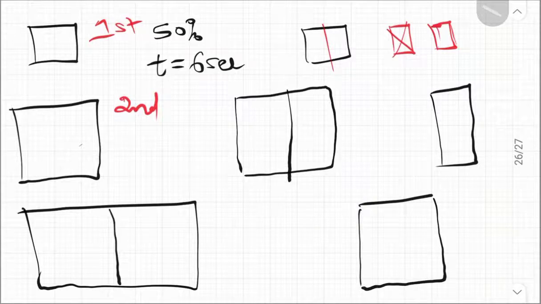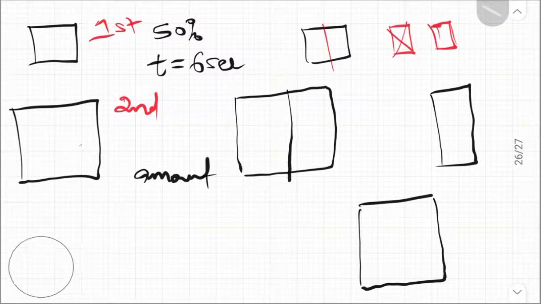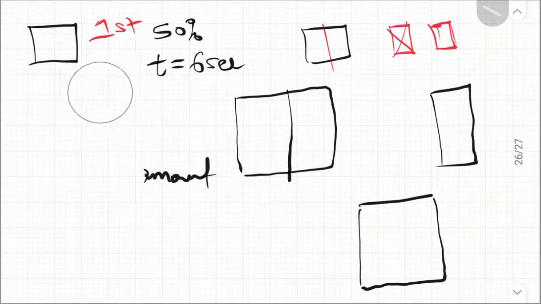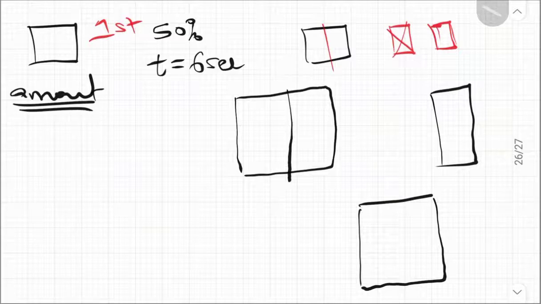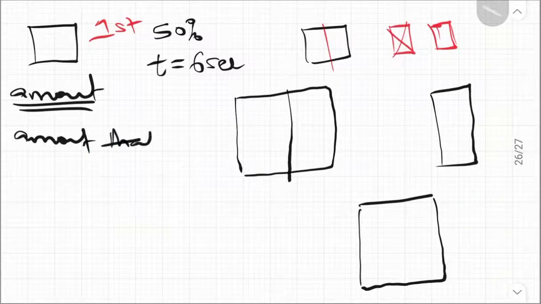Now, if you look at this, the amount that will decay, right? This is actually becoming messy. Let's clean some space. So the amount that will decay at a particular instant of time depends on the amount that we have.